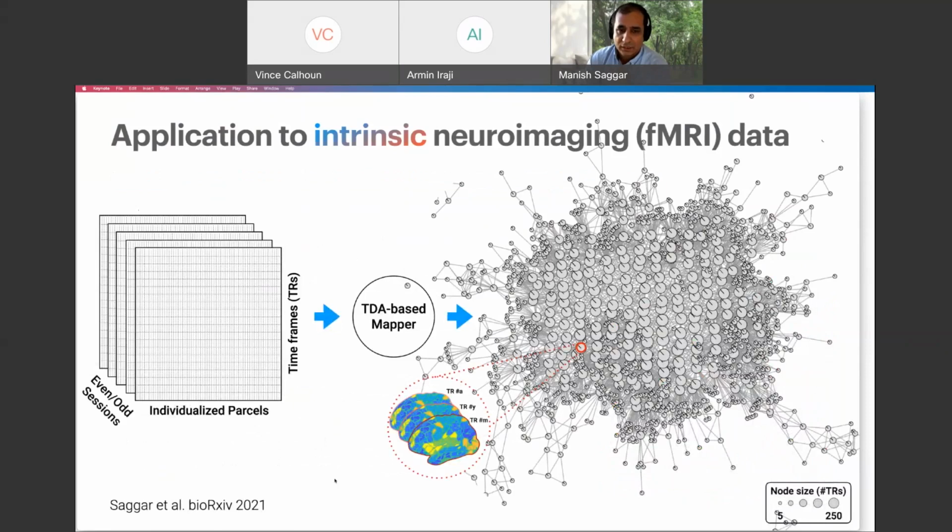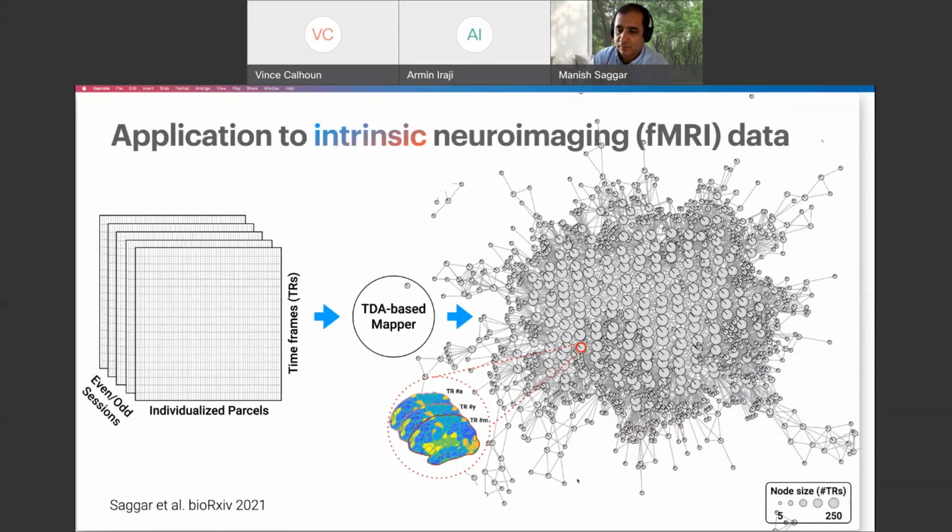So this is just one subject's one session data, but as I mentioned earlier, we did the data split. So for each person, we had 5 sessions, 2.5 hours worth of data in their individual parcel space that we ran mapper on. And again, each node in the mapper is basically representing different whole brain topographies, but that are very, very similar.